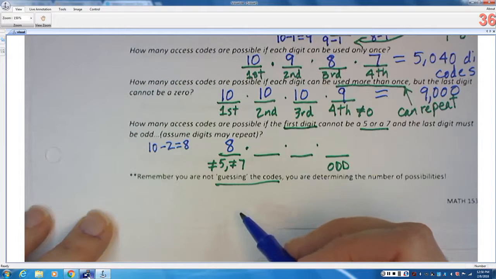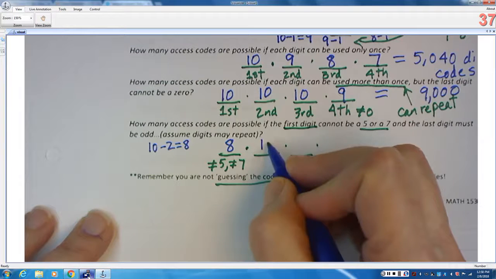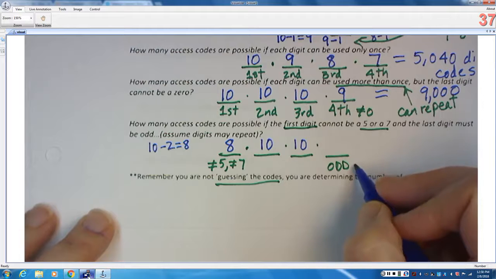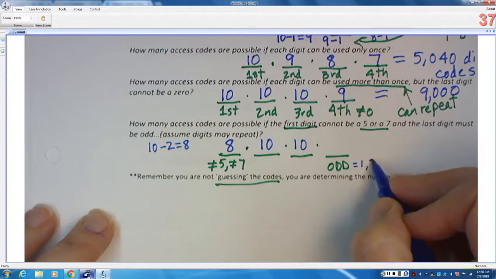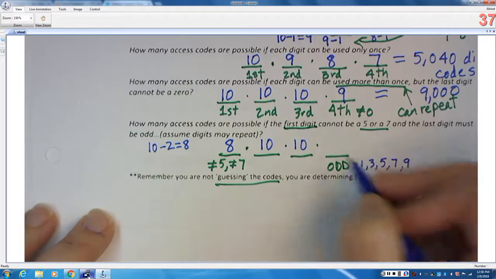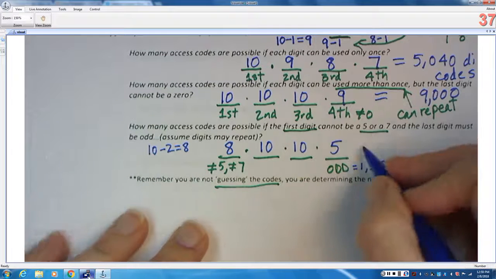And then there's no restrictions on the middle digits, so those are 10s. For it to be odd, it has to be a 1, 3, 5, 7, or 9. That's 5 possibilities. Multiply that out, and you get 4,000 different codes.